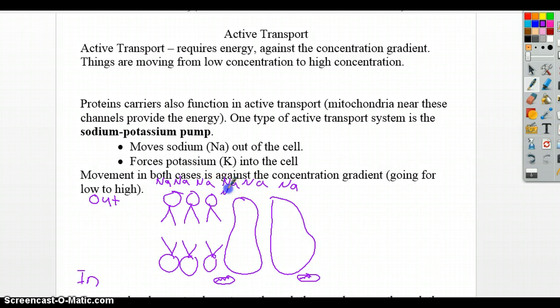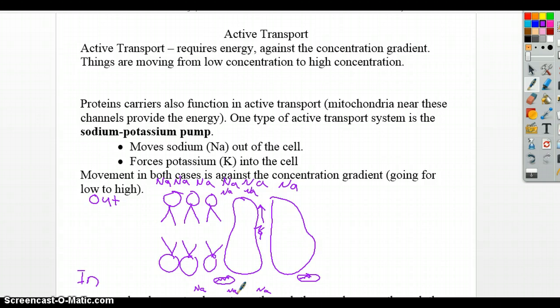Didn't leave a whole lot of room to draw my sodiums. Okay. So the sodium is being forced out of the cell. So it's going in this direction. And we don't have that many sodiums in here. Maybe just a couple of them.